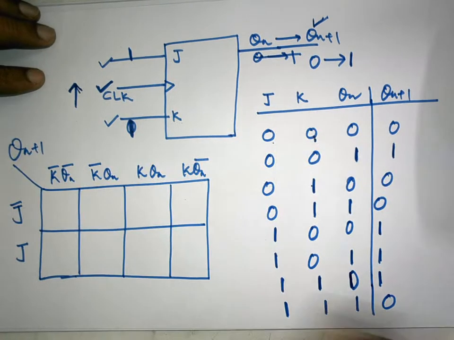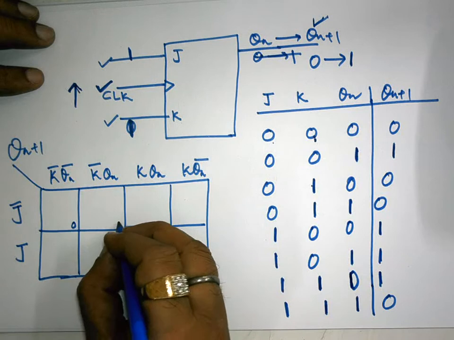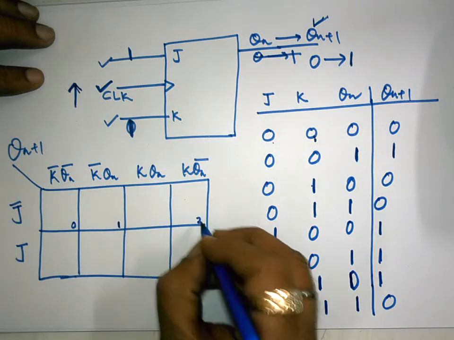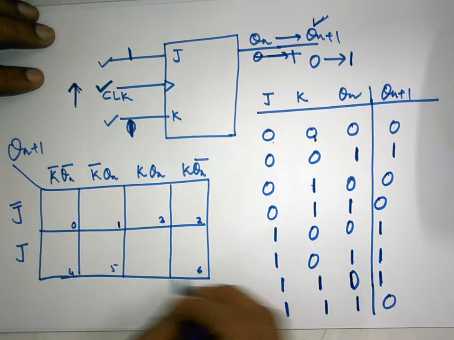Am I right? So which min term is this? This is 0, 1, 2, 3, and 4, 5, 6 and 7.